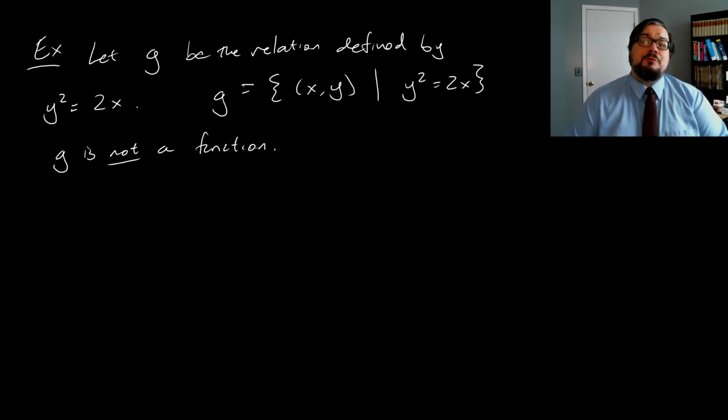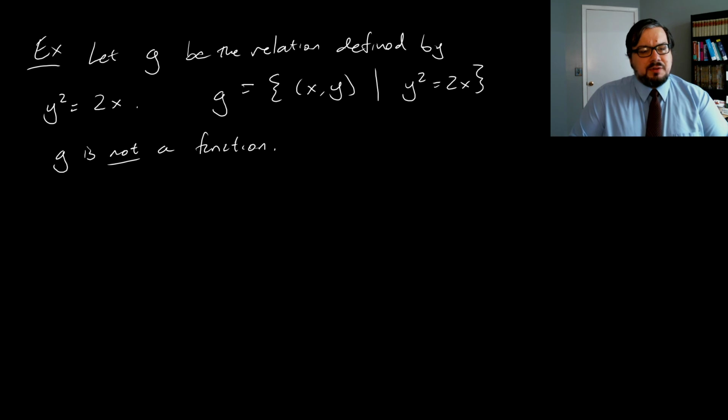So if we want to prove this, we need to find a single x value that has two different y values associated to it. So in this case, we can just play around a bit and find some, but we'll see in a second how we can do things in a somewhat more systematic manner.